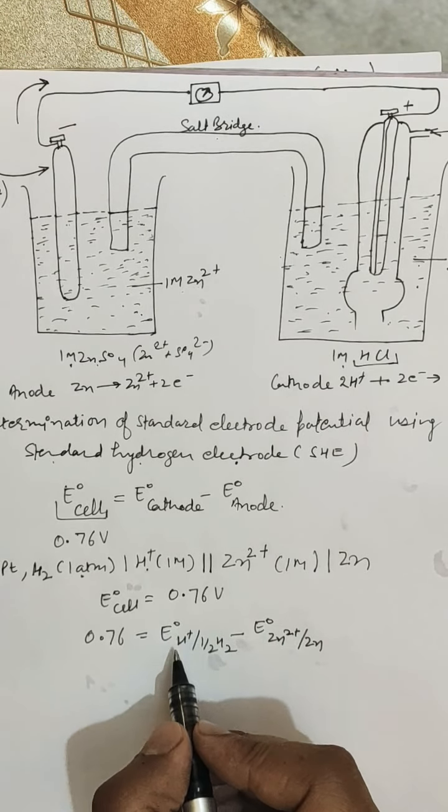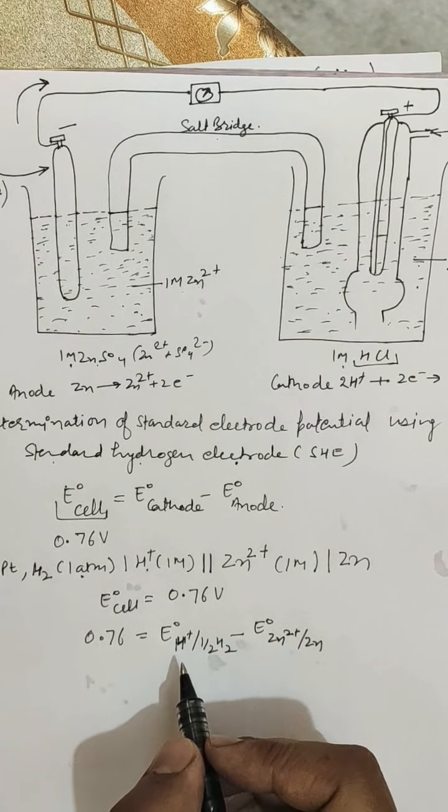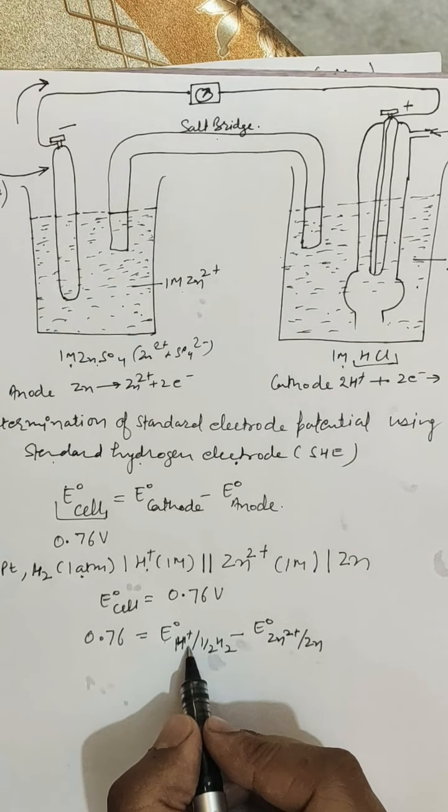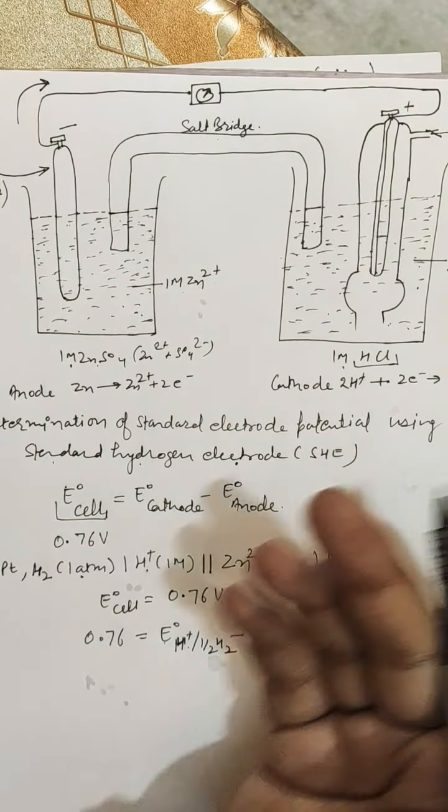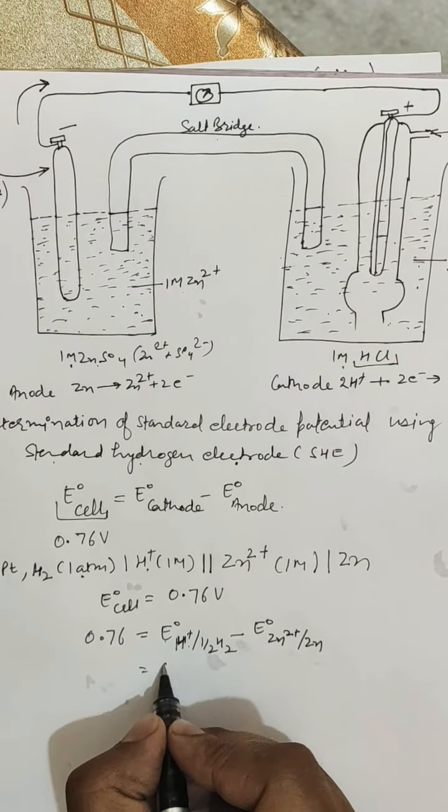So by convention we take the E naught value of a reference electrode, whether it is the standard hydrogen electrode, calomel electrode or quinhydrone electrode, as 0.